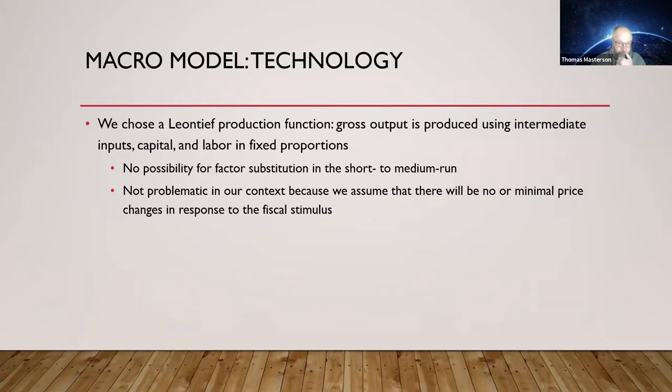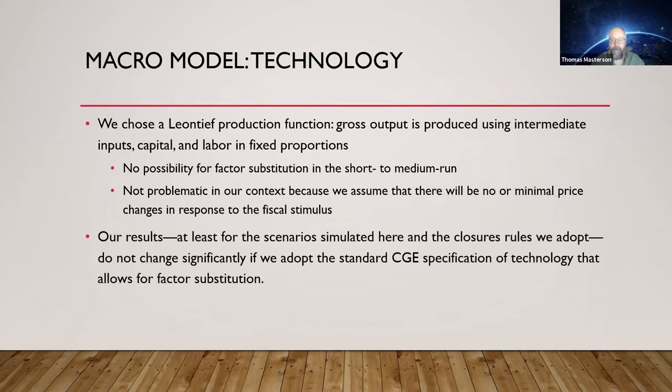So for our results then, all that being said, for using this technology and the closure rules that I'll talk about in a little bit, for the scenarios we simulate and the closure rules we use, there aren't huge differences between a Leontief production technology that we use or a Cobb-Douglas or a constant elasticity of substitution production function. That would be a more standard mainstream approach.